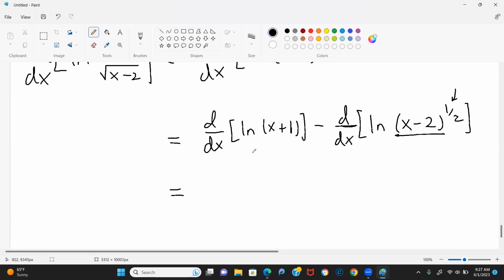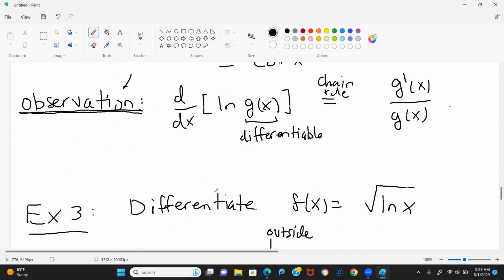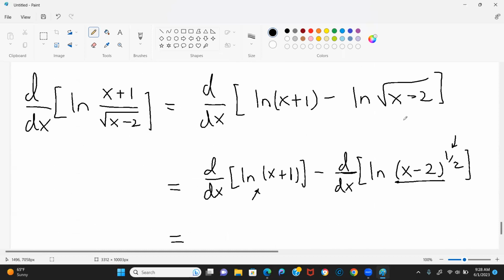Now I'm just going to take this derivative, and we know how to do that. Remember this observation I wrote up here? To differentiate the logarithm of some function, say g of x, it's just the derivative of g of x over g of x.